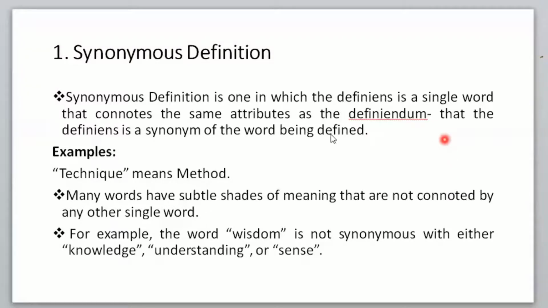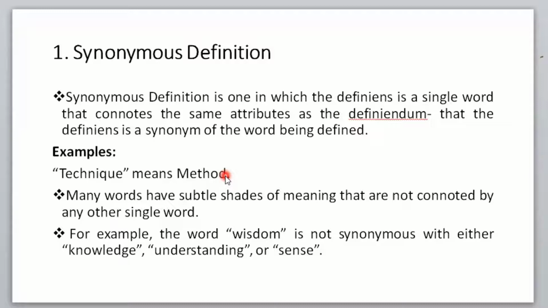For example, when we say technique, you see the word here, technique, also means method. So we can use technique and method interchangeably as synonyms, because the attributes of the defined and the definiens are quite similar.